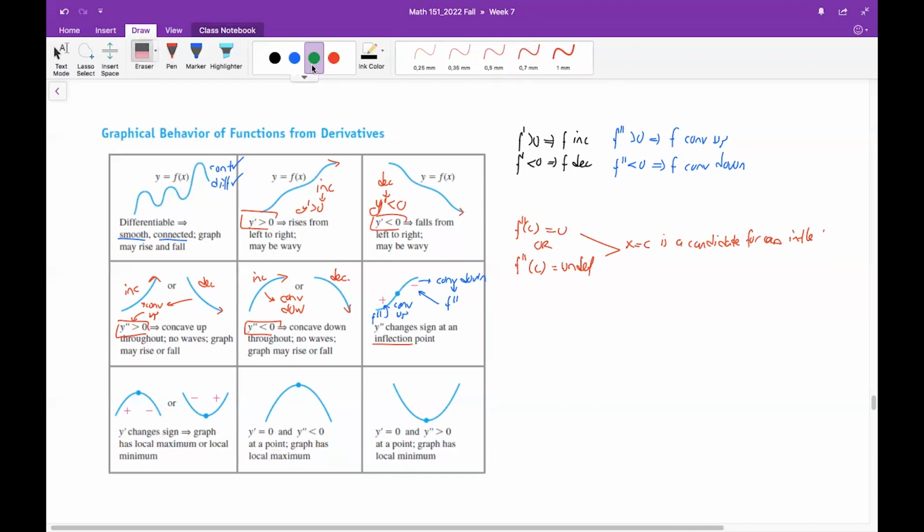To verify whether it is in fact an inflection point or not, you will look at whether the second derivative changes its sign at x equals c or not. So you will quickly look at the second derivative, whether it changes sign or not at the point c.